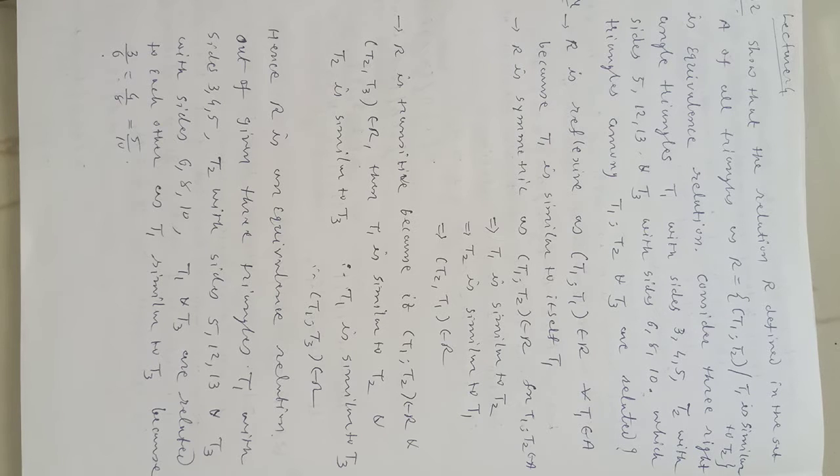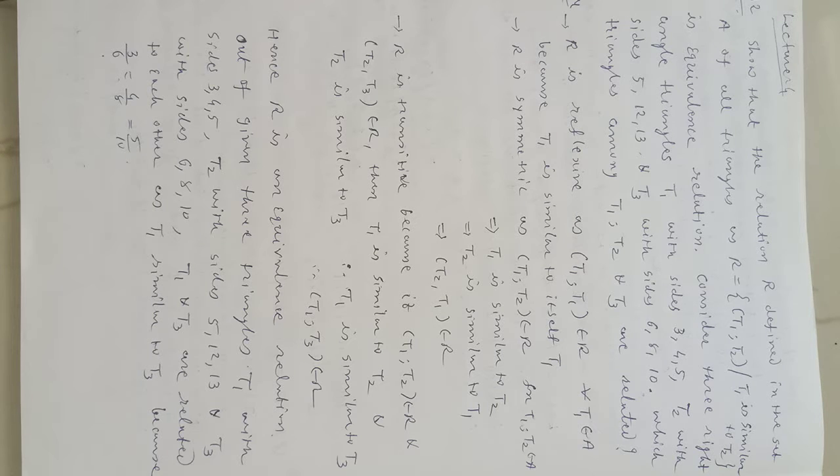First of all we check whether it is reflexive or not. What to do for reflexive? The same element should be related to itself. Suppose we select T1. Can you see that T1 is related to T1? Yes, because T1 is similar to itself.